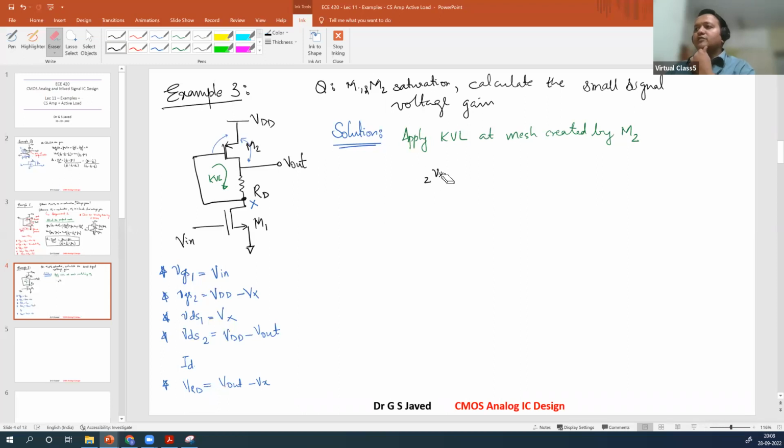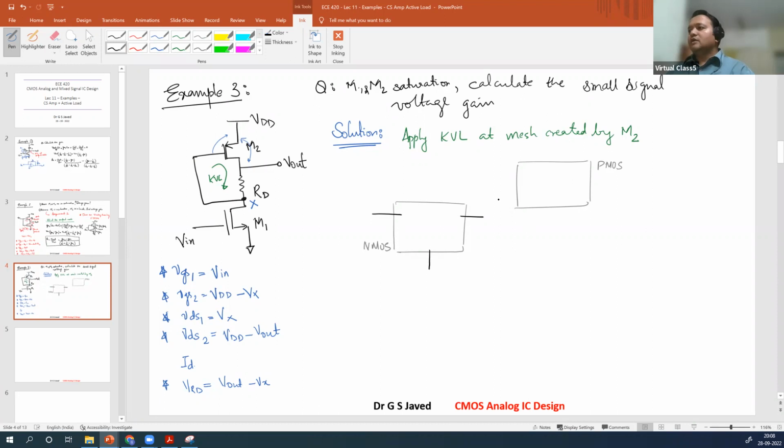Let me do it a little differently so that you people can follow without jumping into signal. Let us draw the small signal diagram here. Now we will have two small signal diagrams. This is one. This is two. This is for the PMOS. This is for NMOS. Okay. Gate, drain, source.